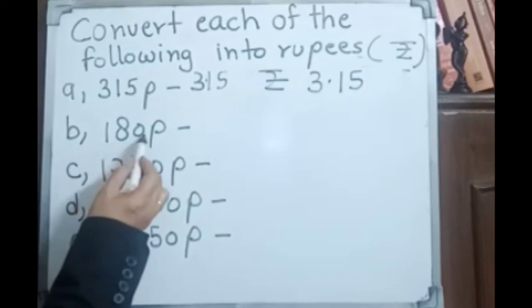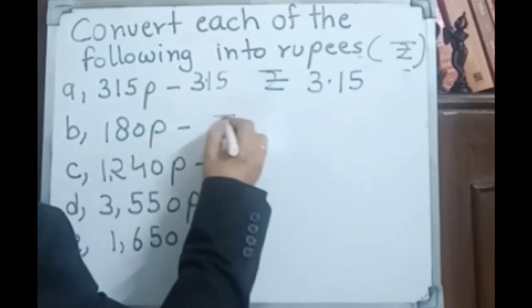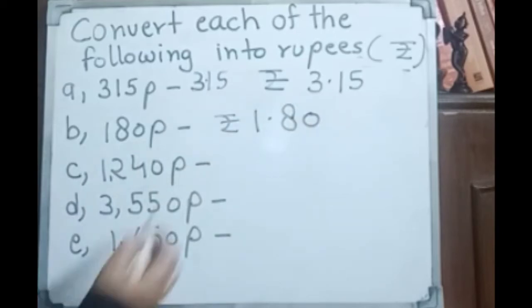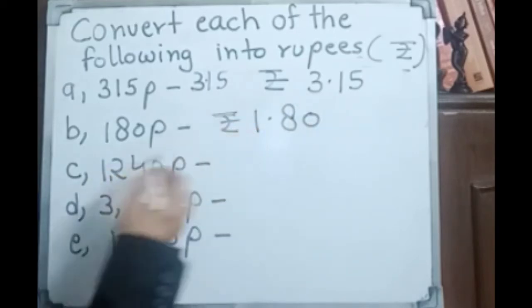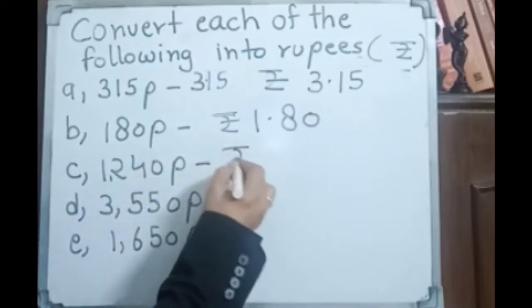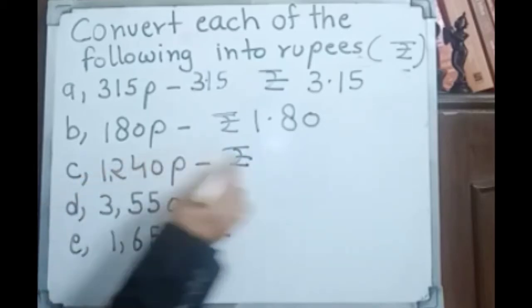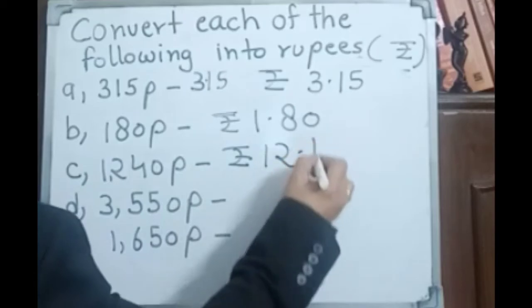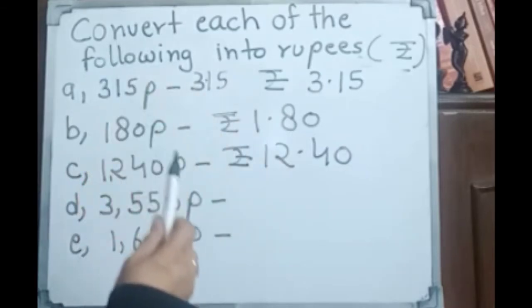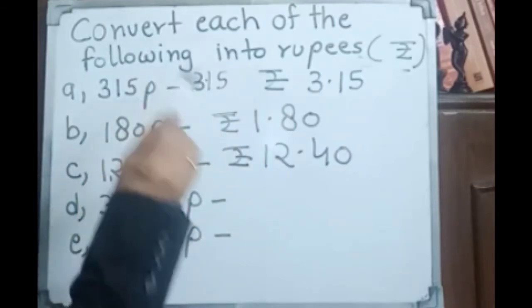Now come here, we have to put the dot. Rupees 1 and 80 paise. Just put the symbol of rupees like that. Now after 2 digits, we have no need to put the comma here. Rupees 12 and 40 paise like this. Whenever we are converting into paisa, we have to remove the dot.